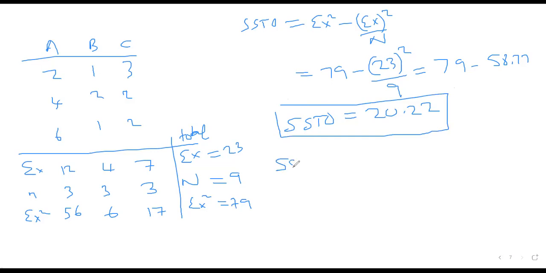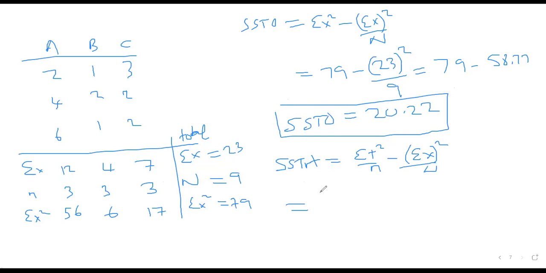Sum of squares treatment: we calculate each treatment total squared over its sample size, minus the correction term, which is summation of x squared over n. So here we have 12 squared over 3 plus 4 squared over 3 plus 7 squared over 3 minus 23 squared over 9.